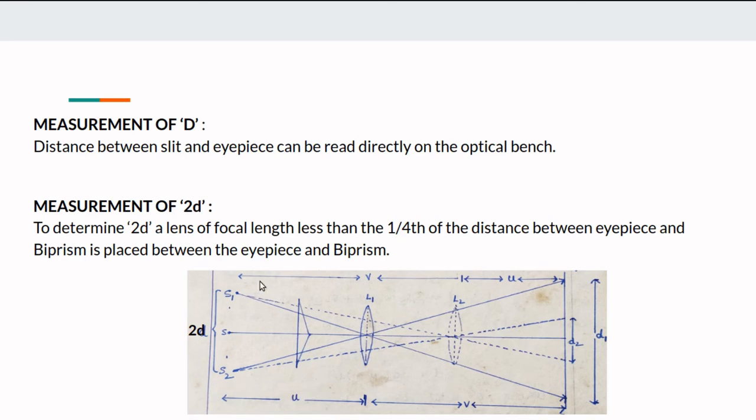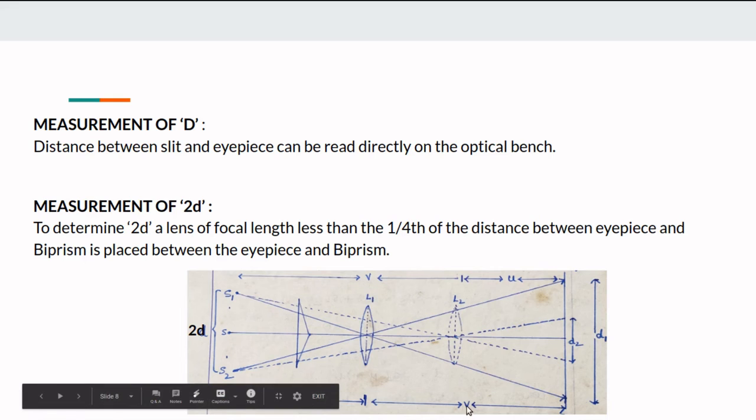In the first case, object distance is U, image distance is V. In the second position, object distance becomes V and the image distance becomes U. Then you get diminished images. This distance is D2. This is the size of the image. This is the size of the object. In both the positions, the size of the object is the same, but the size of the images is different. In the first case it is D1, in the second case it is D2.